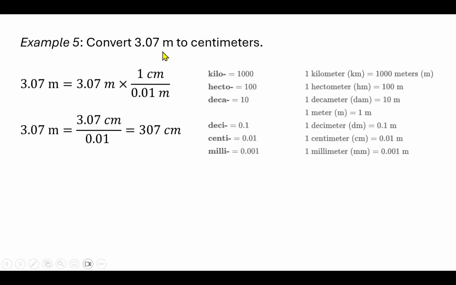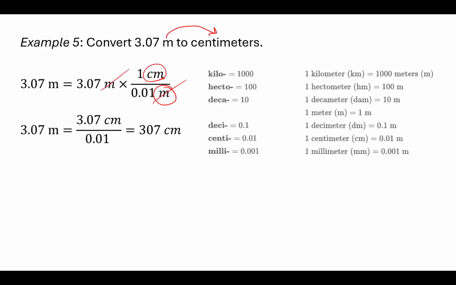So in this question, I want to find the line that compares a meter to centimeters. And this would be this one, the second to last. It says 1 centimeter equals 0.01 of a meter. And so, like before, following the same process, the fraction method, you put the old units on the bottom and the new units on the top, because I want to convert from meters to centimeters.